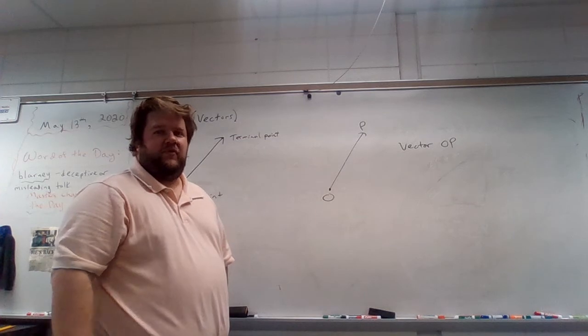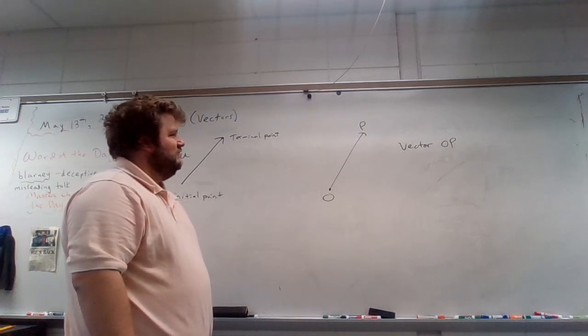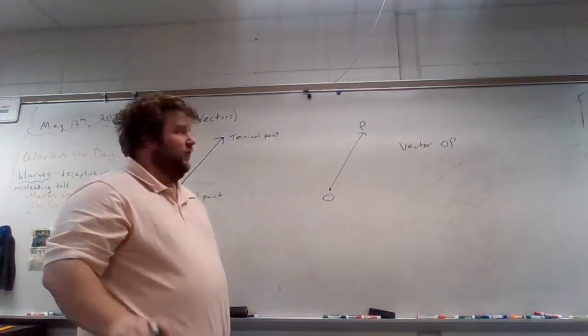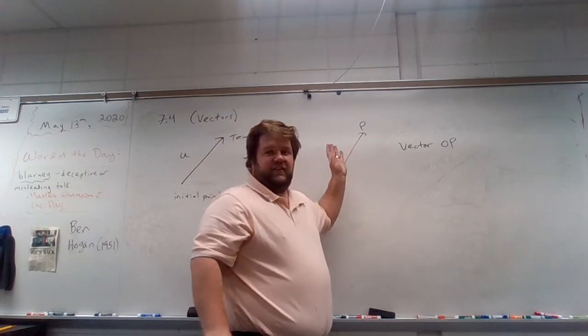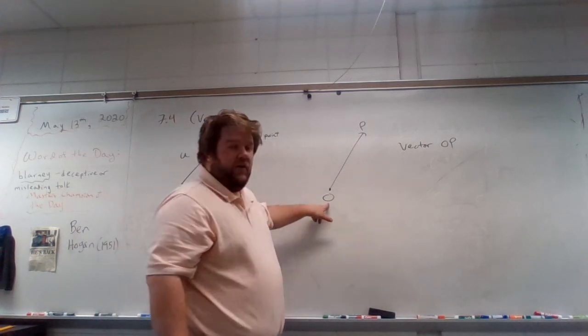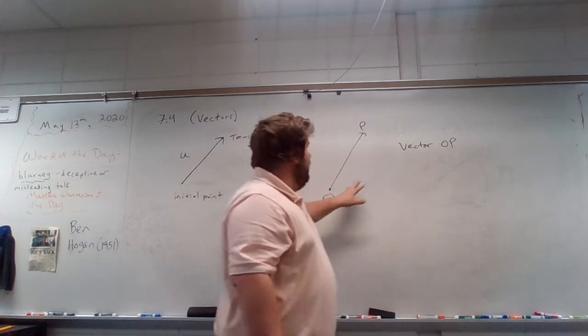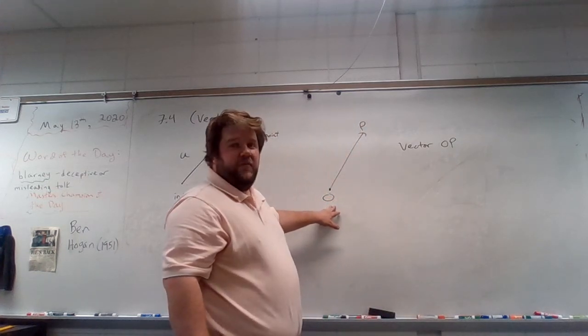It's like how you would name a ray, only it's a vector. And it is actually different from a ray because it stops here. It doesn't keep going at all. And my initial point is O, so that's got to go here, and my terminal point is P. If I wrote vector PO for this picture, I would be wrong.